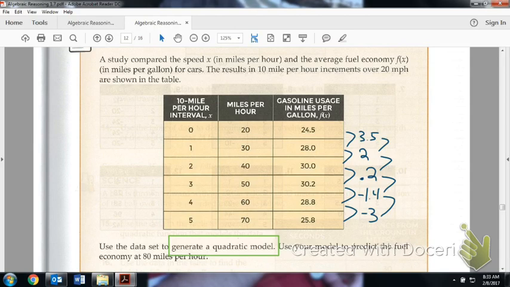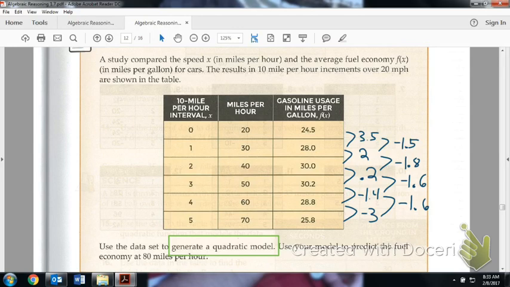2 minus 3.5 is negative 1.5. 0.2 minus 2 is negative 1.8. Negative 1.4 minus 0.2 is negative 1.6. And negative 3 minus negative 1.4 is also negative 1.6. So they're pretty close. We're just going to have to average them up again.